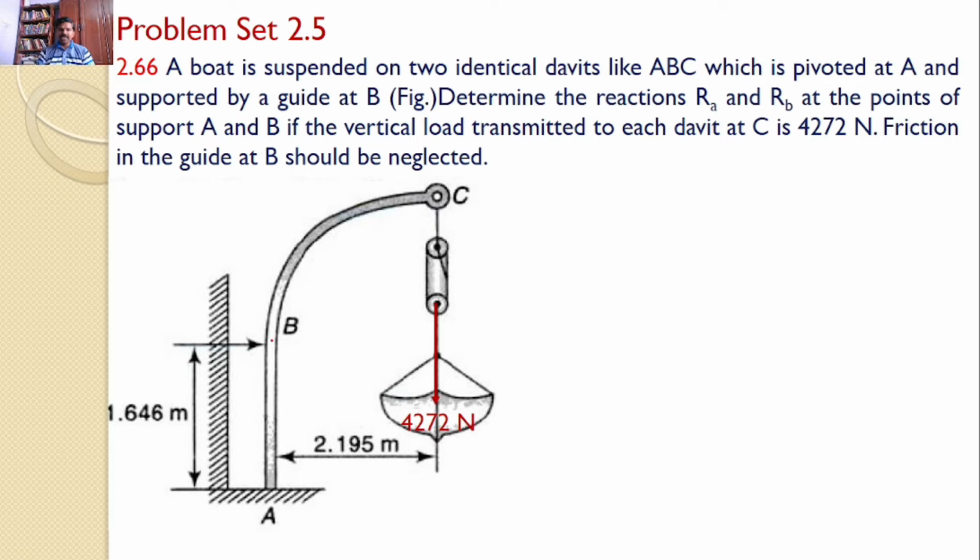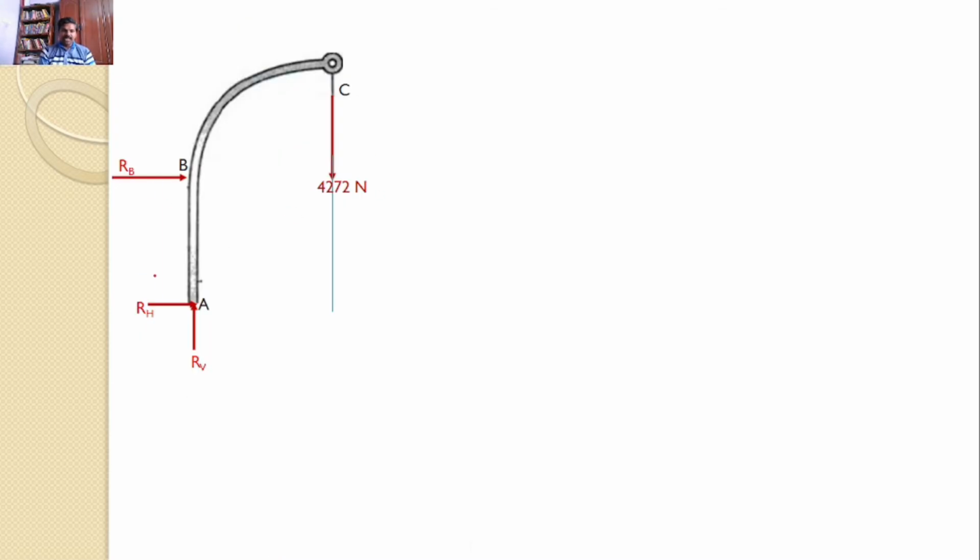The various forces acting on the davit are 4272 newtons, the reaction at B, and the reaction at A. But here it is a hinged support, so there may be two reactions. One is the vertical reaction and another one is the horizontal reaction. We will call them RV and RH. Now these are the various forces. This distance is given as 1.646 meters and this distance is given as 2.195 meters.